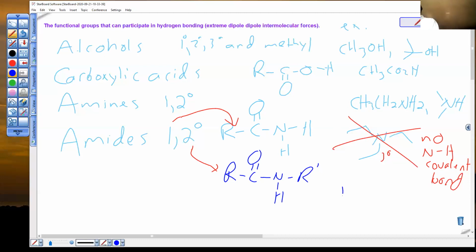I'll draw it here and cross it off. And crossed off for the exact same reason as the other one. And that's tertiary. Put it in a little yellow box. We're running out. It's pretty good.